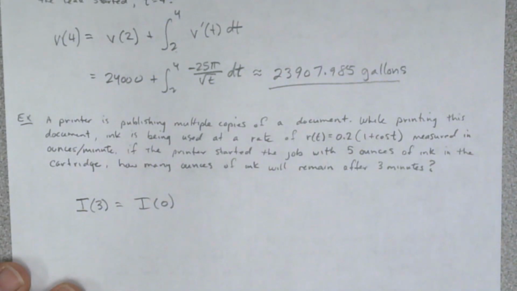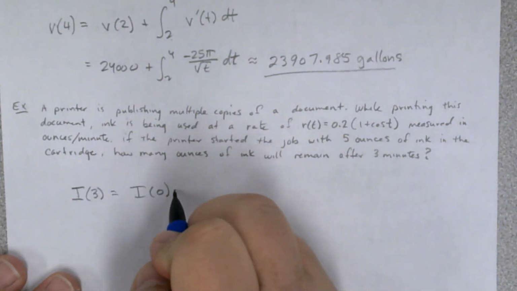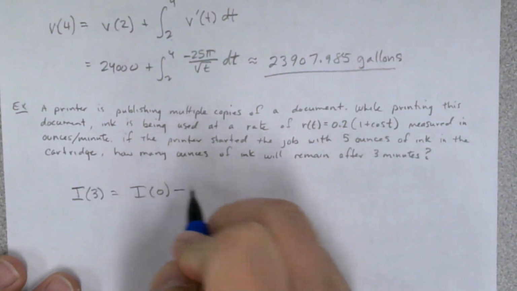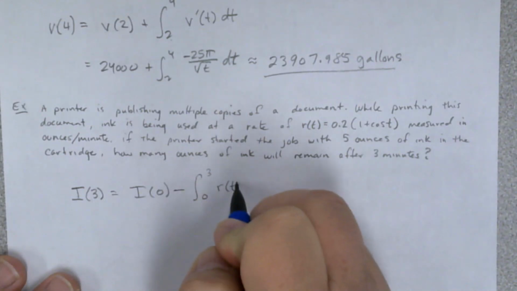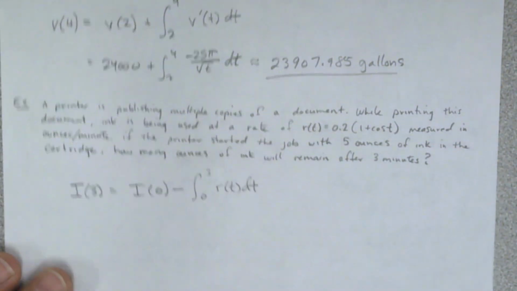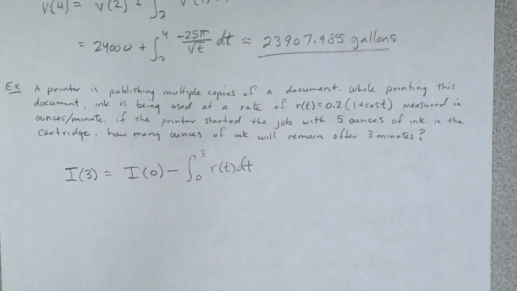Now, this one's a little twist on things, and I'll explain to you in just a moment how you can tell when to do this or not. This is going to be a minus, from 0 to 3 of R of t dt. Now this is important to be aware of. Read the questions carefully. Okay? Take a moment.